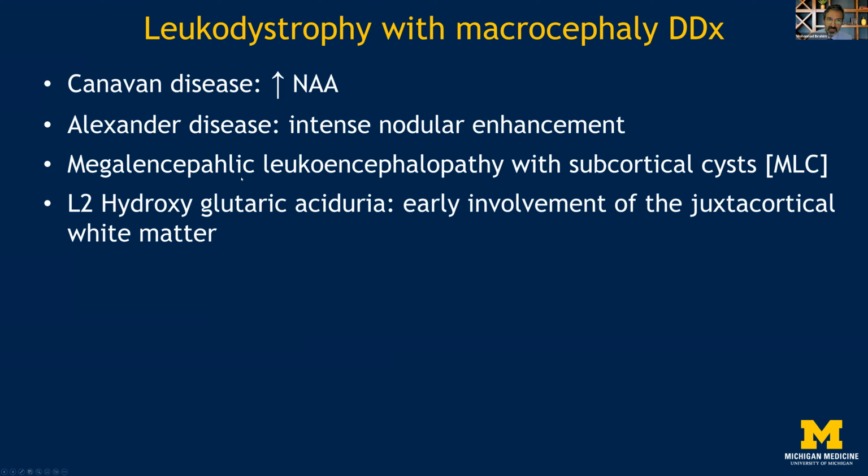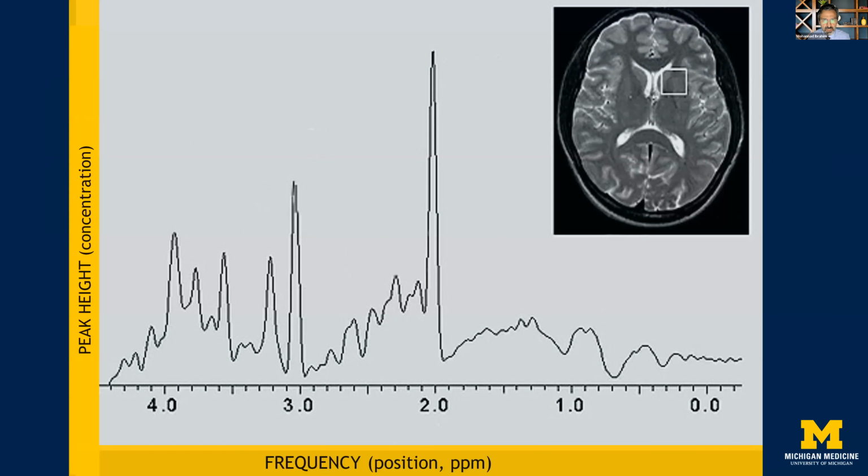And then we can have megalencephalic leukoencephalopathy with subcortical cysts. And finally, L2-hydroxyglutaric aciduria. These patients classically have early involvement of the juxtacortical white matter.